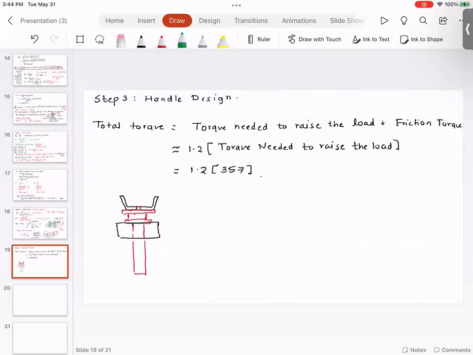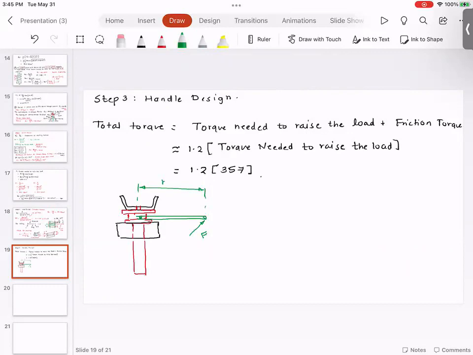And now you have this handle that goes from here to here. So if you look at the torque, torque is force times the radius. Now, whether one person is applying the torque or two people are applying the torque, or whether you have a motor that is applying the torque, that will dictate what type of design we need to use.